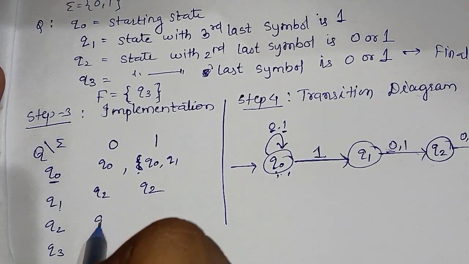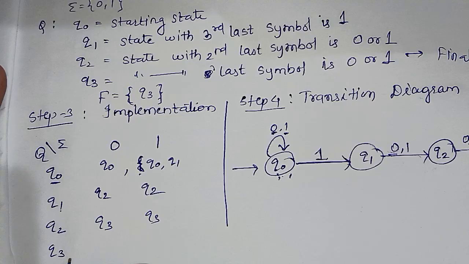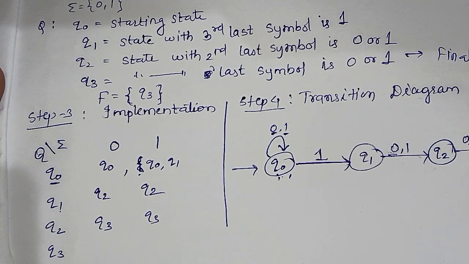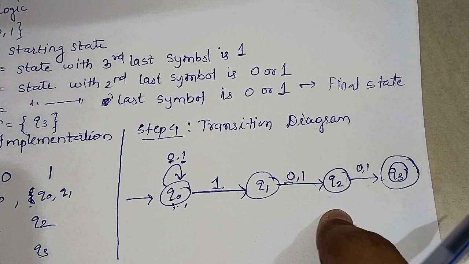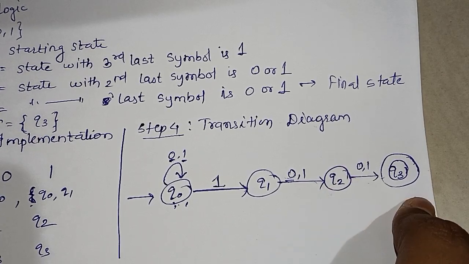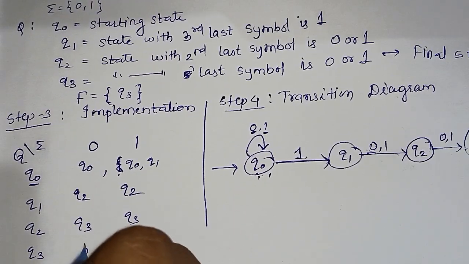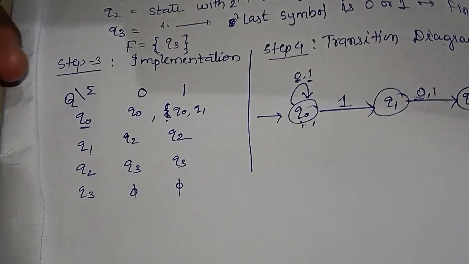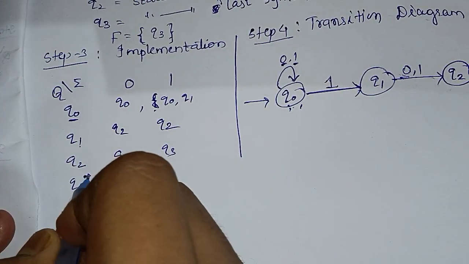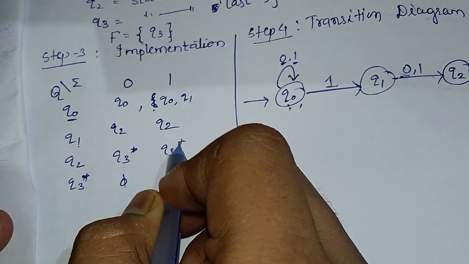Q2 receives 0, 1, it is going to Q3, and Q3 is a final state, means the last symbol will be taken by Q2 and passed to Q3. That's why Q3 will not get any input, it is phi. Now see, Q3 is a final state, we will mark it with this star.